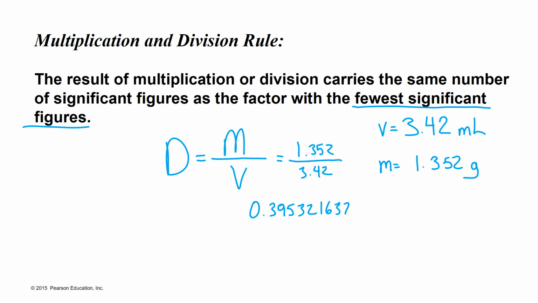There's my 3 sig figs. I do need to look at the next number, because if it is 5 or greater, I'm going to round this number up. So my answer, because I'm dividing grams by milliliters, is 0.395 grams per milliliter. So that object would float.